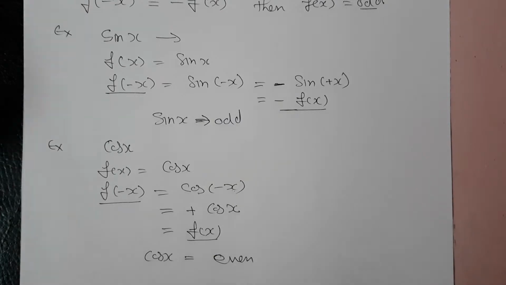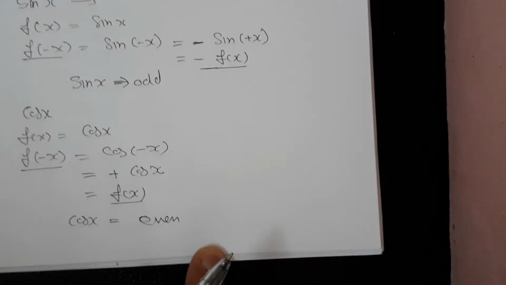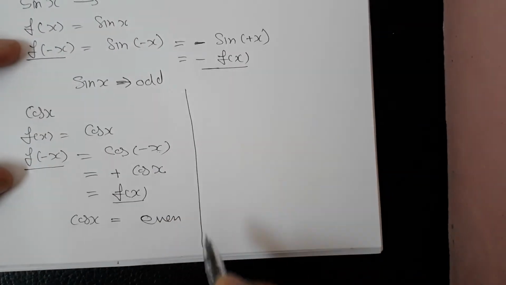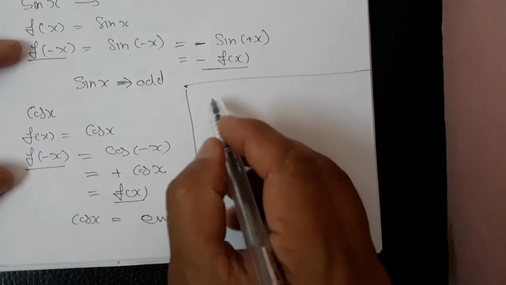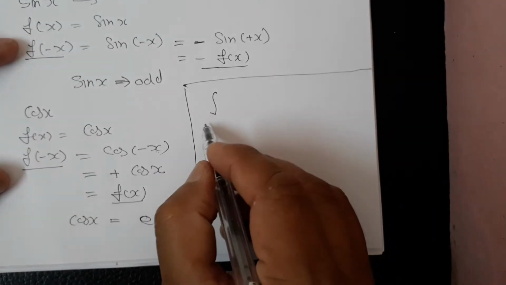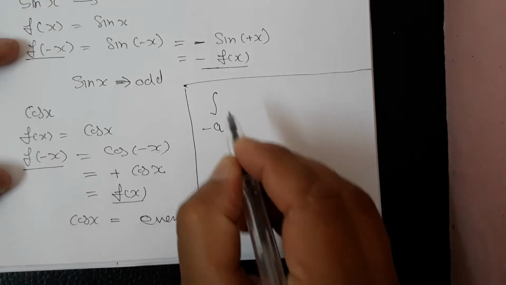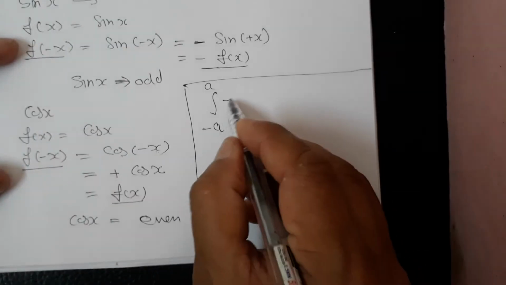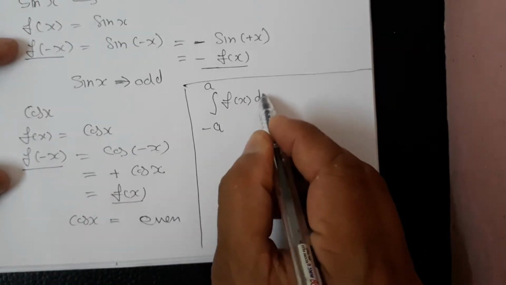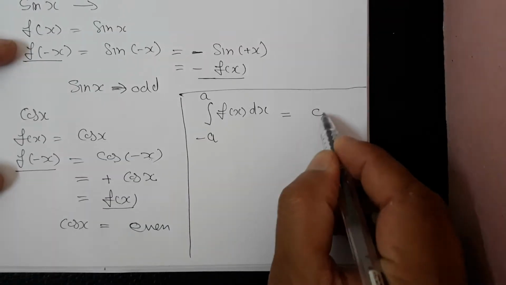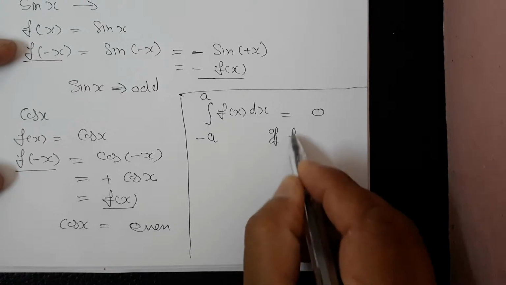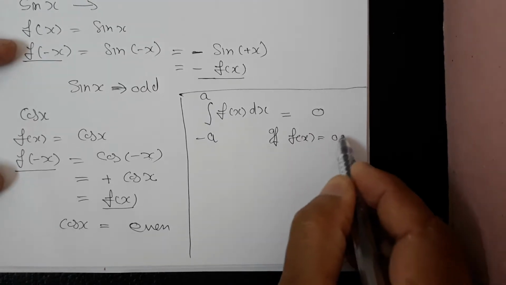Now here we are using these even and odd concepts. Why? Because in Fourier series evaluation we do face integrals of this type, say integral from minus a to a of f(x) dx. The value of this will be 0 if f(x) is odd.